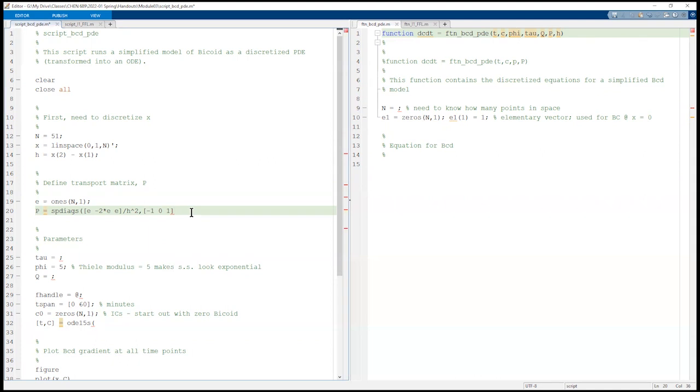What Matlab does with that is it says, okay, this first vector that you've given me, I'm going to put that on the -1st diagonal. That's the diagonal right below the main diagonal. This next column, I'm going to put on the 0th diagonal. That's the main diagonal. And this last column, I'm going to put on the first diagonal. That's the diagonal above the main diagonal.